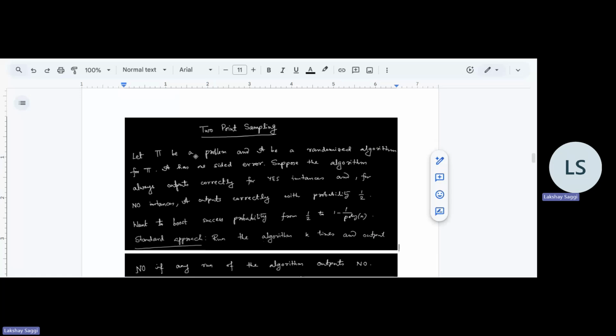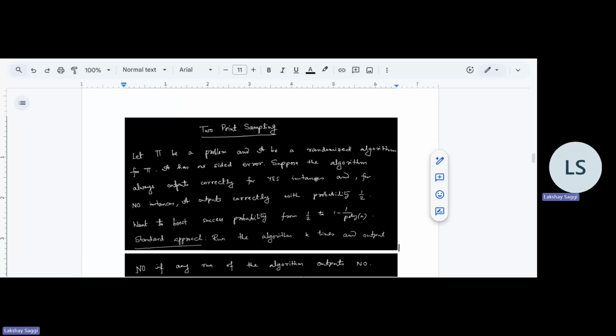This 2-point sampling says: let pi be a problem and A be a randomized algorithm for pi. And suppose A has one-sided error. What does one-sided error mean? One-sided error means that the algorithm always outputs correctly for yes instances.